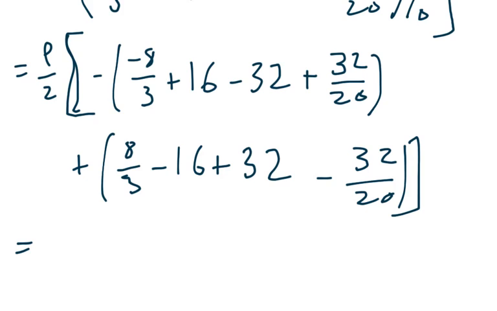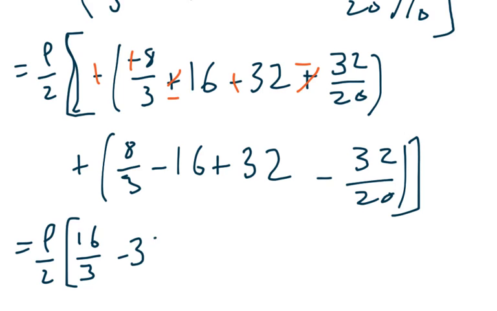So we have rho over 2, and let's bring this inside. This becomes a minus sign, this becomes a plus, this becomes a minus sign. So we have 2 times 8 over 3, so we have 16 over 3 as this first term. And then we have minus 16 plus minus 16 is minus 32.